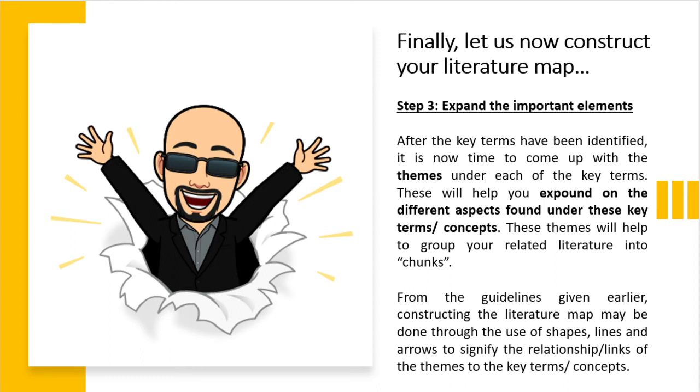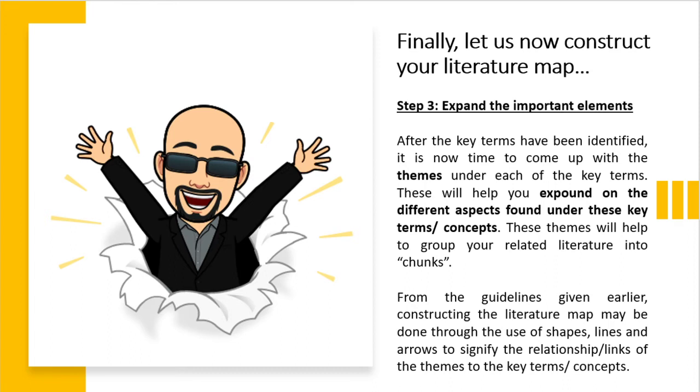Now that it is time to come up with your themes under the key terms, it is important to remember that themes are just chunks found under the key elements, which will help you to group together the related literature.